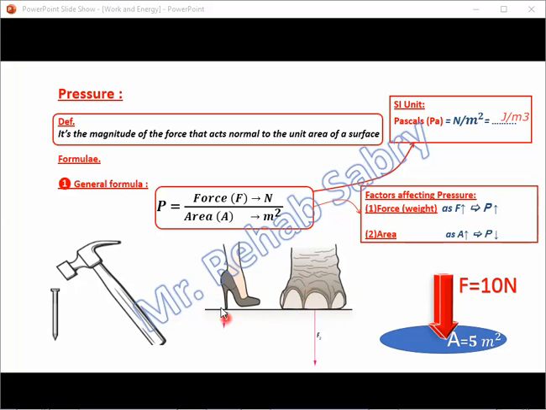In fact, the heel. Why? Because it has a very small area, so the pressure will be large. But the elephant's weight, although very large, is distributed on four feet. The total area is the area of the four feet of the elephant. So from this argument, we can conclude that as the area increases, the pressure decreases.